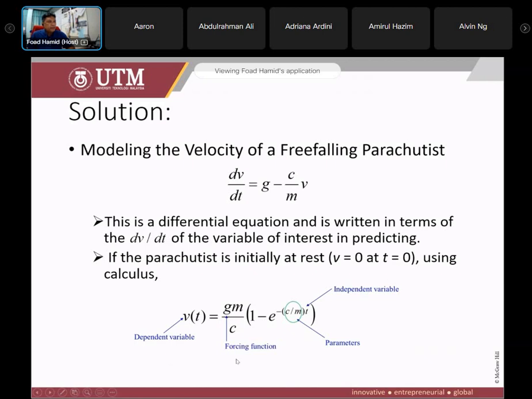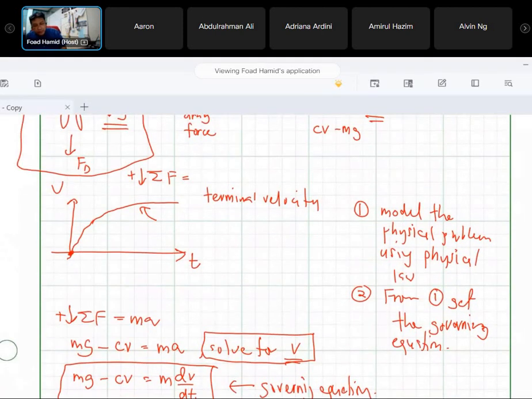So this is what we call a forcing function. m is a parameter. c is also a parameter. And t is a parameter, but this is specifically what we call the independent variable. So our plot here is v(t) equal to gm over c, 1 minus e to the minus c over m t.